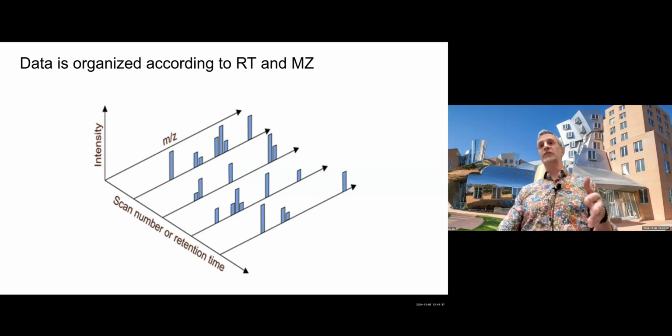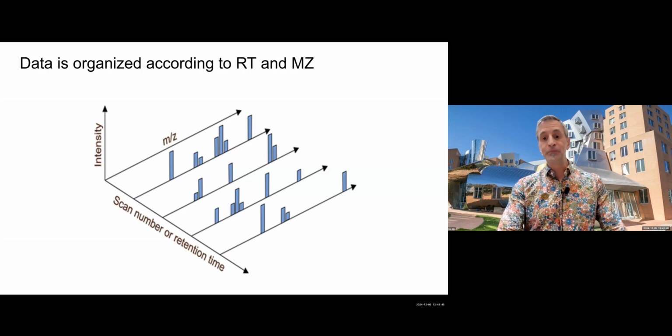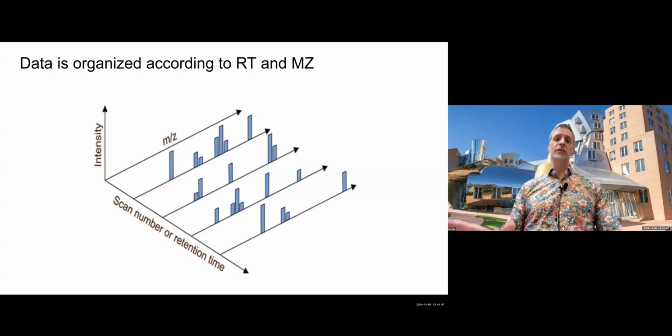So where is the intensity in terms of this M over Z ratio, which is telling us basically the mass of the compound? So we have this kind of two-dimensional data. Here I'm showing it to you in this really simple form.